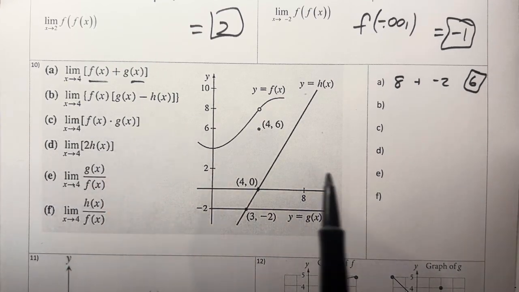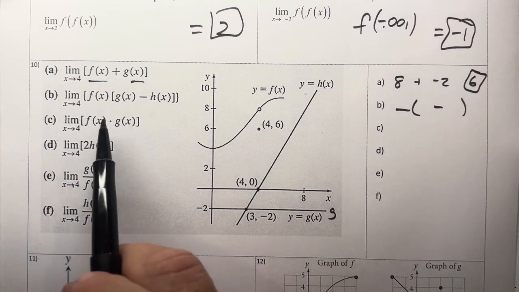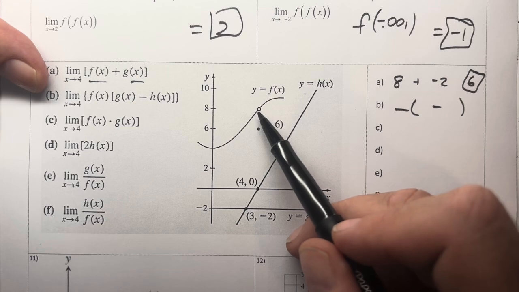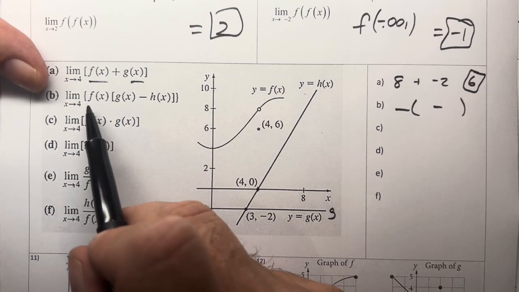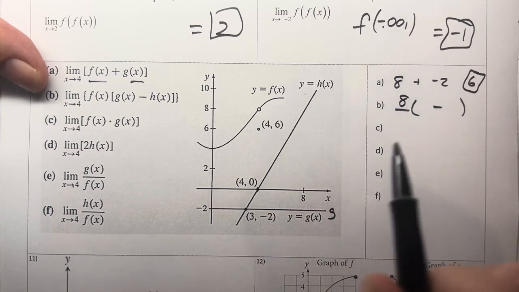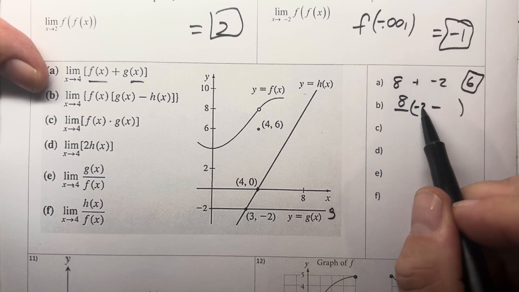How about a number f times something minus? All right, so at 4, what do I know about f at 4? It's still limits. We don't want the actual point itself. So we still want 8 here. What is g? g is always -2.